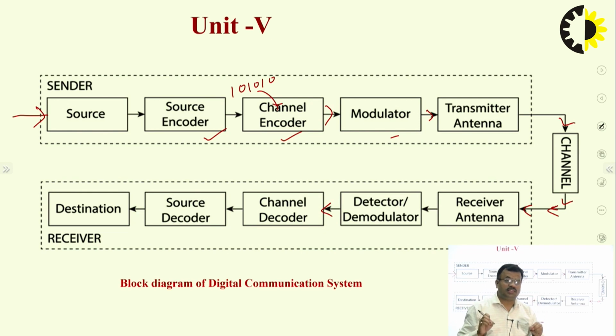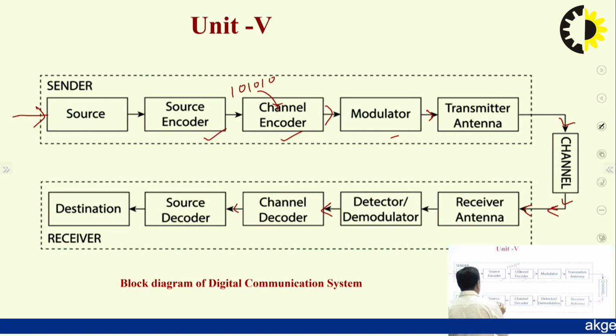If error is there, then you have to correct that error, then your objective will be fulfilled. Otherwise what will happen? You will get the error, you will get the loss, you will destroy your data. So if the error is present, then the error is corrected by the channel decoder.